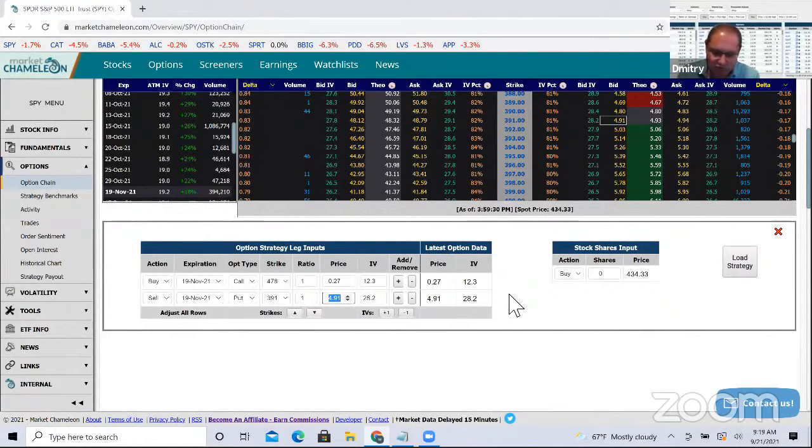Something like that, right? We're talking about approximately, I think it was like 20. So about 18 calls for the price of one put. That's what the skew is letting us know, that's how much skewed lower the calls are versus the puts.